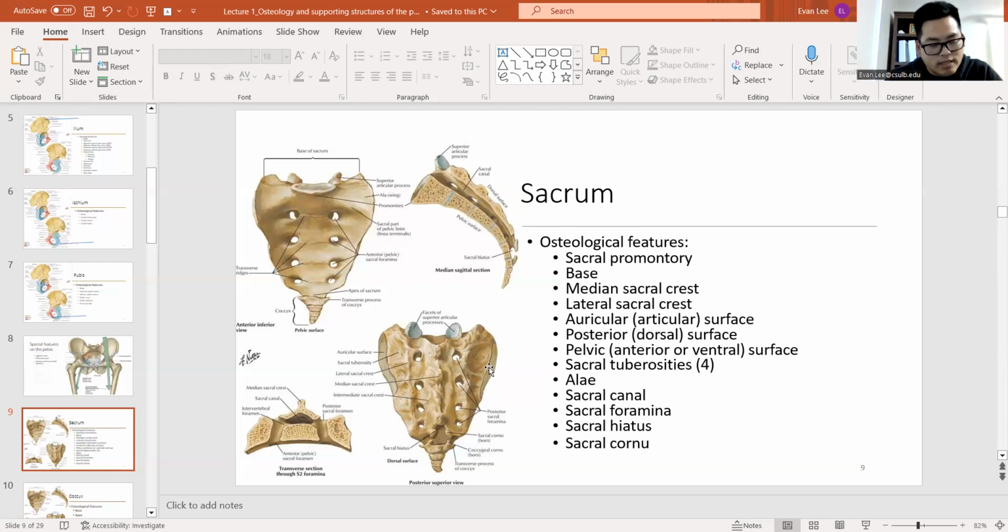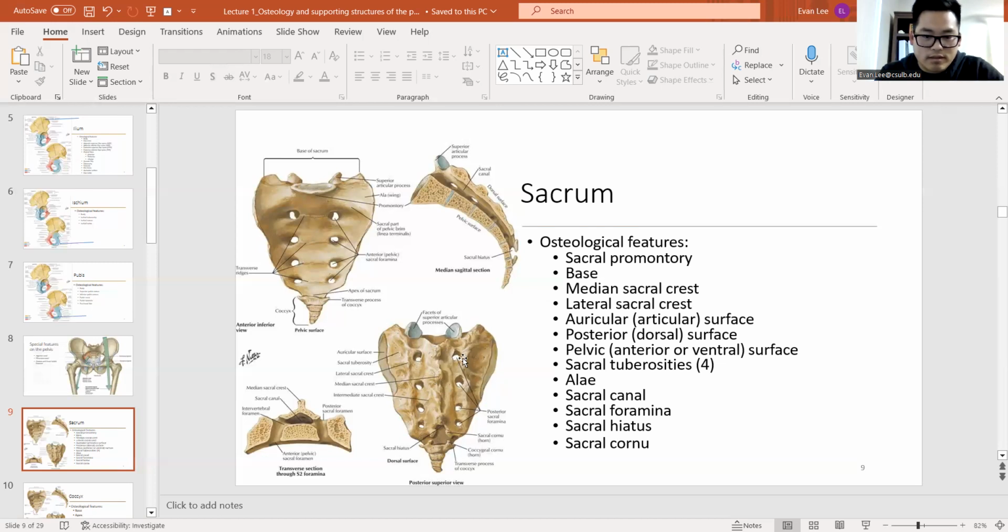Which one was the biggest one? The one on the sides of the coxal bone, the ilium. So hopefully you were able to remember that. But the ilium and the sacrum will have their auricular surfaces that allow them to articulate. So this would be the anterior side. This is the dorsal side.